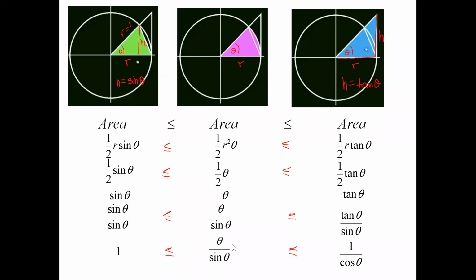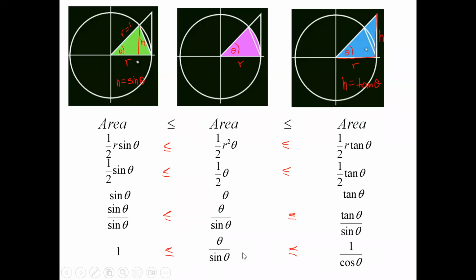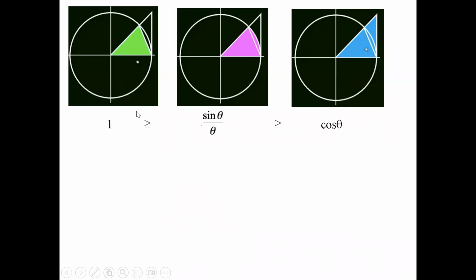Now, if I take reciprocals of these quantities, I have to change the relation, because the inequalities change direction. So theta over sine theta becomes sine theta over theta, and 1 over 1 is still 1, and 1 over cosine becomes cosine.